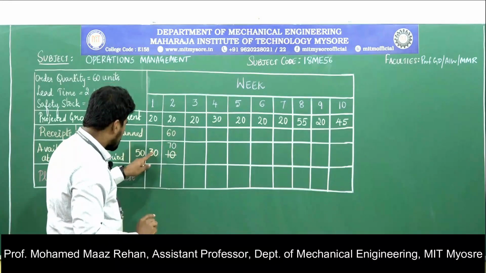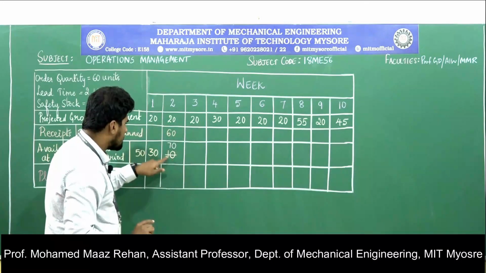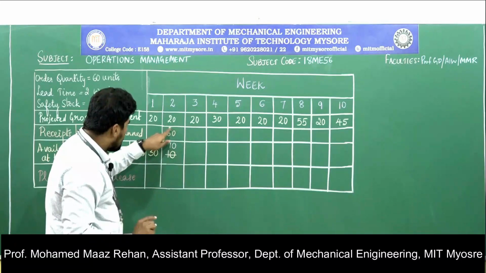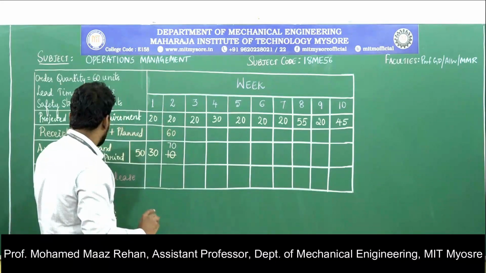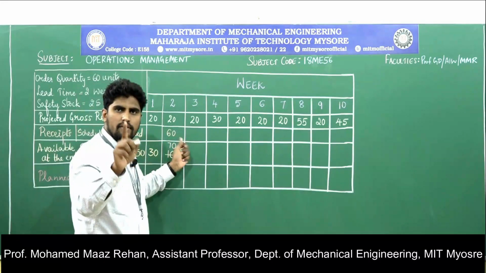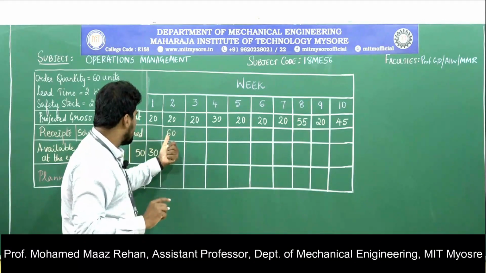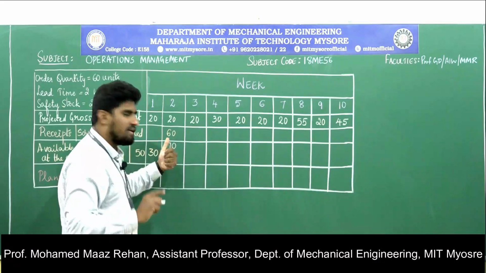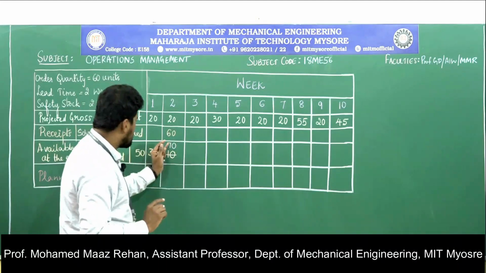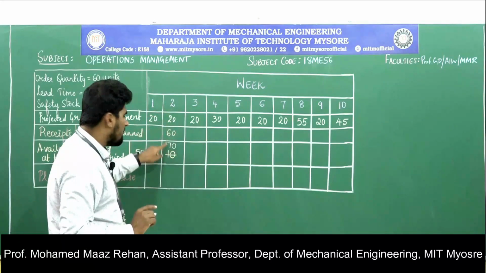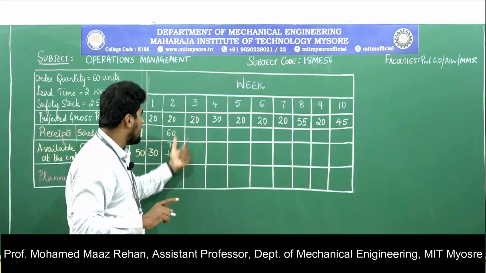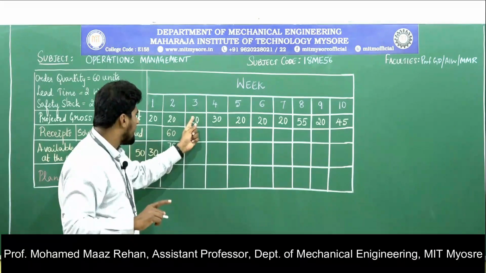So here 30 minus 20 is 10, and in the second week you have received 60 units. That means 10 plus 60 is 70. We shall move further. For the third week the demand is 20.